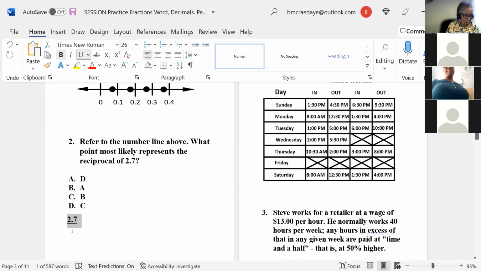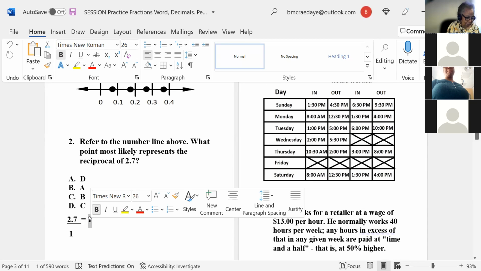And to get the reciprocal, it's just to flip it. Turn it upside down. So that would be equal to 1 over 2.7.